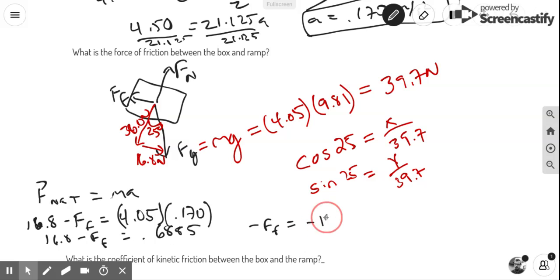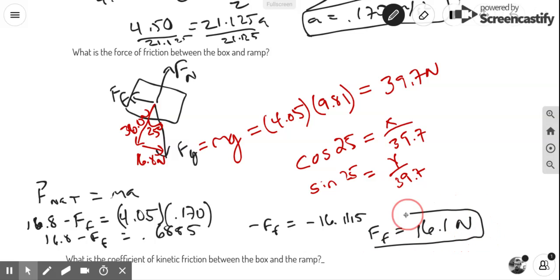That would give us negative 16.1115. So our force of friction, if we just make those positive and do our 3 sig figs, is 16.1 newtons. And that's one of our answers we're looking for.